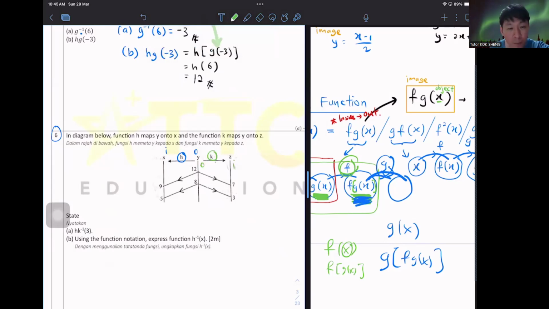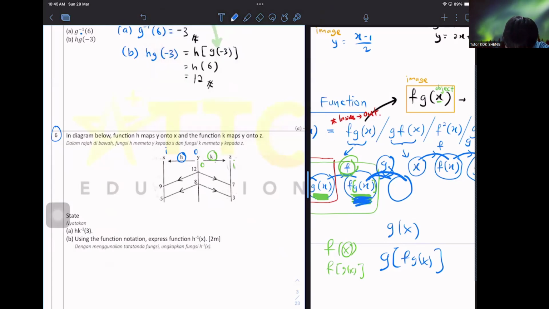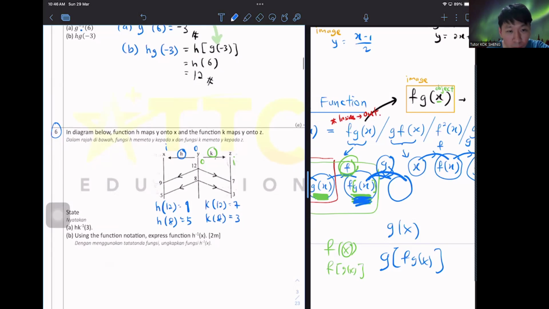For h, you will get object 12, image 9, and another one is 8, 5. Followed by k: object 12, 7, and 8, 3. Four numbers.